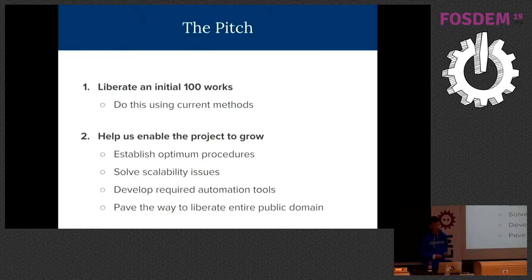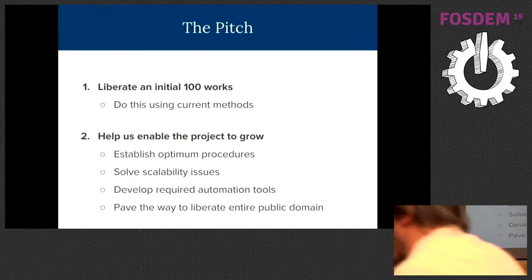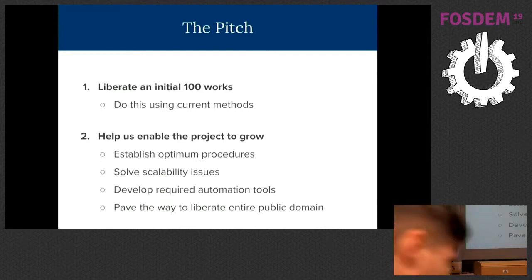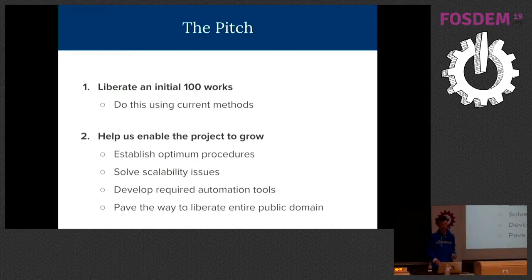This was a concrete goal, and the more abstract aim of the project was that by backing it, you'd also be helping enable it to grow in the future. We would use these 100 works as a trial at scale to try and establish the best procedures for doing the transcriptions, to solve any scalability issues, and to develop the required automation tools to enable it to grow in the future, to eventually liberate all public domain music.